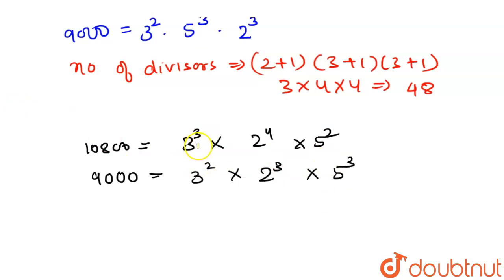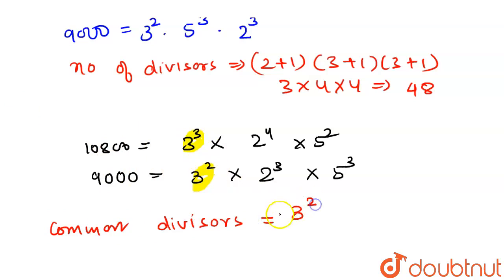Here we have 3 cubed and here we have 3 squared, which means 3 squared is common in both numbers. So common divisors would be 3 to the power 2. And 2 to the power 3 is common in both numbers, because here we have an extra 2 but here we don't, so we write 2 to the power 3 only. And here 5 to the power 2 is also common, right?